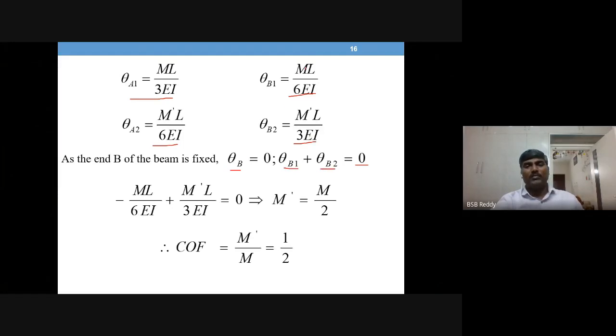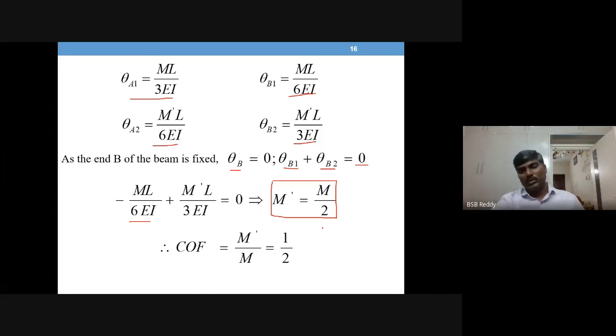What is theta B1? ML by 6EI, that is anti-clockwise, minus. What is the theta B2 value? M dash L by 3EI, and the sum is equal to 0. If you simplify this, M dash will be equal to M by 2.